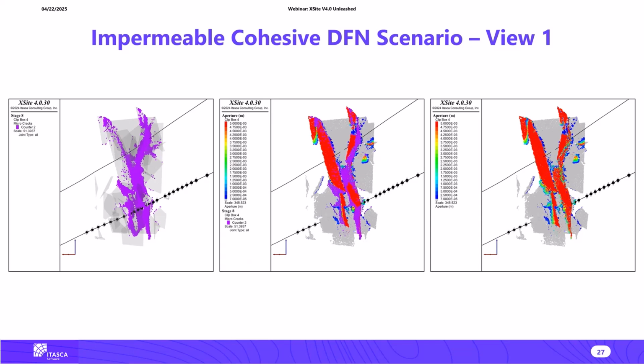Here I'm showing a couple of views of the model results, and in order to be able to see anything, because the model includes all these DFN fractures, we show the results in a clear box centered around stage 8. The different stages and injection clusters on well 16A, which is the stimulation well, are indicated here.